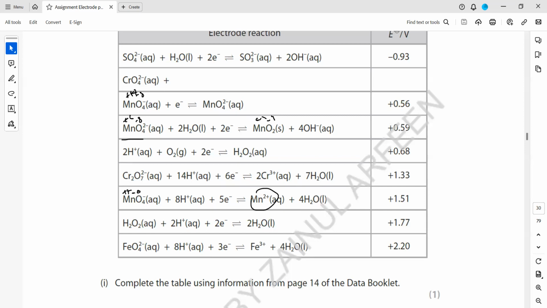So here in this equation, this is +7. If we take this one, each oxygen is -2, so this is +6.